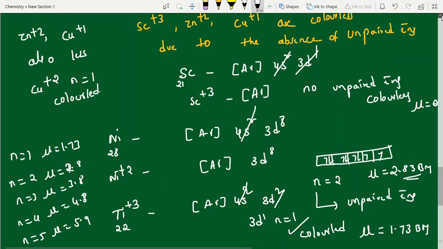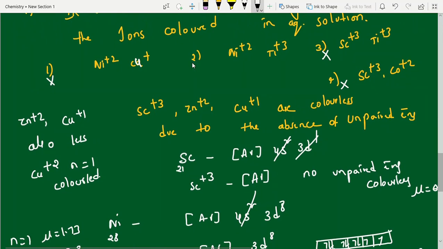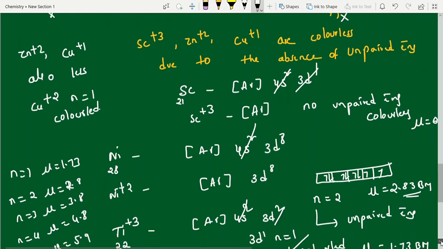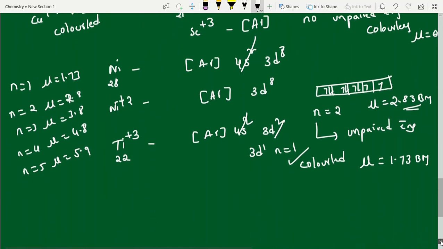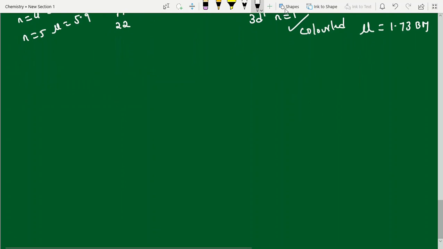Now what is your option? Yes, second option. So by deleting options, if you have command, selection is very easy. Sometimes two answers are nearly matching and confusing. Then you go for calculation and find out your correct answer. Clear students? Easy, no?